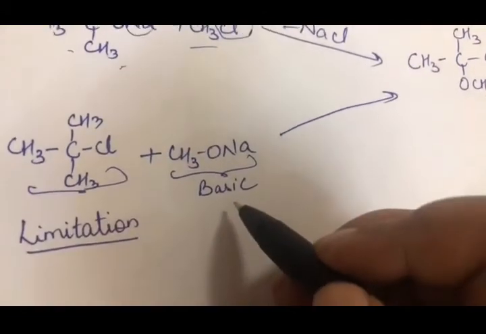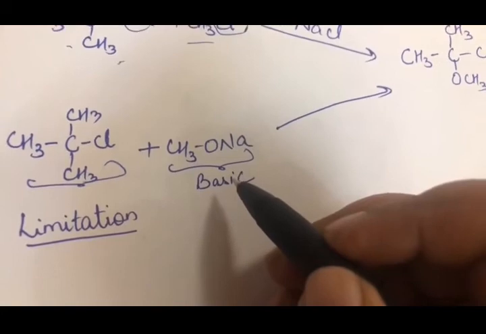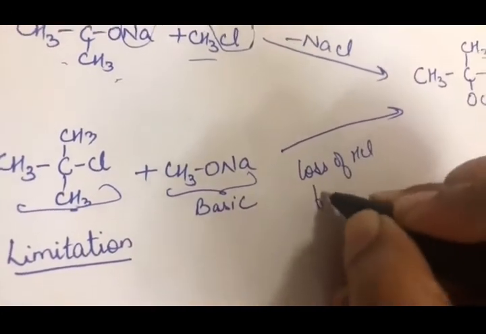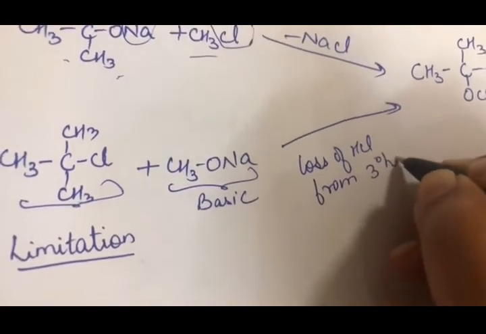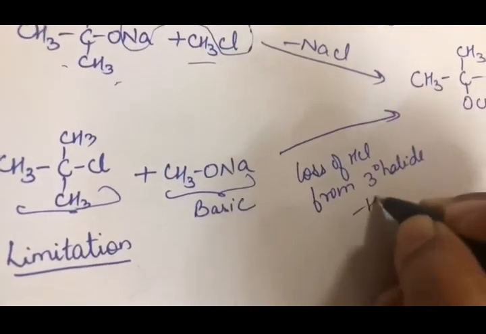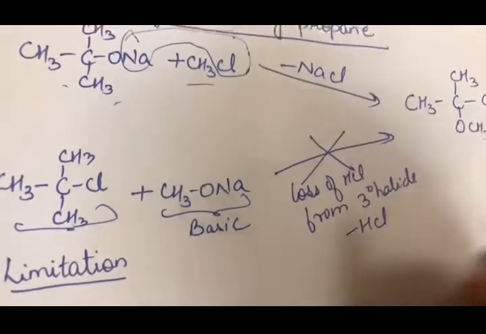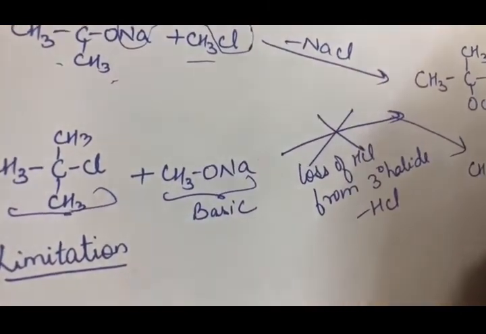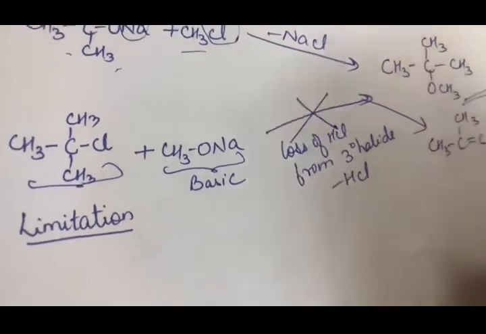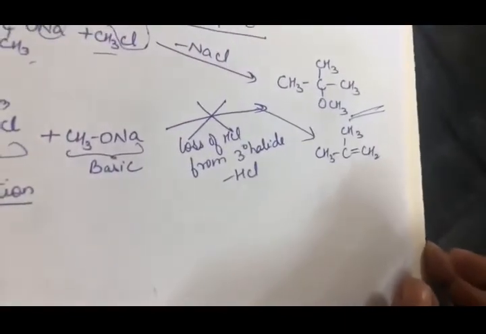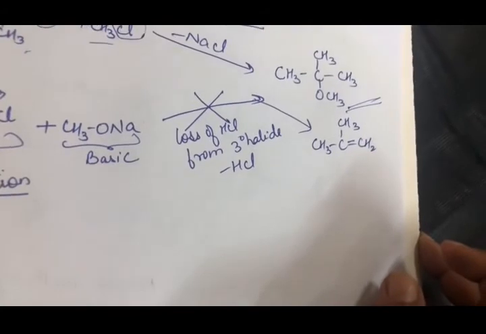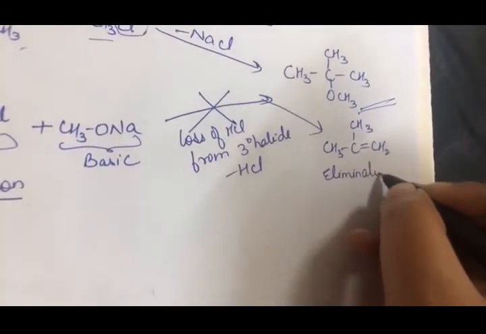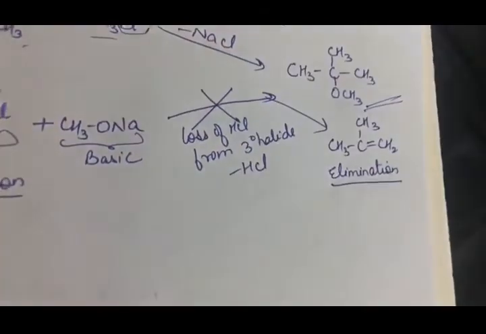So what will it do? It will facilitate the loss of HCl from the tertiary halide, right? So what will happen? Will it give this? No. Instead of this, it will lead to the formation of an alkene, wherein instead of undergoing the SN2 reaction, it will undergo an elimination reaction and result in the formation of an alkene.